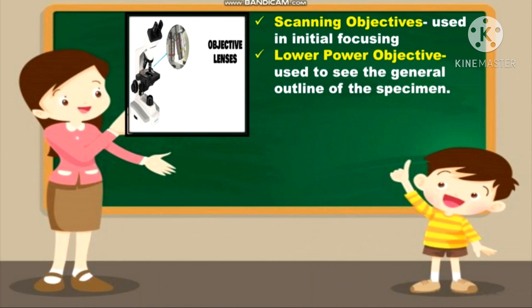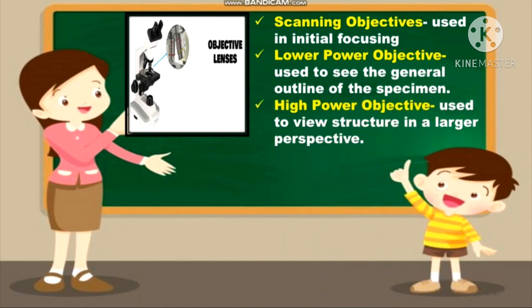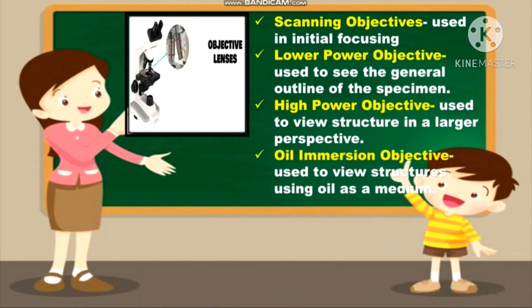It is used to see the general outline of the specimen. The third one, we have here the high power objective or the HPO. It is used to view structure in a larger perspective. And the last one is oil immersion objective or the OIO. It is used to view structures using oil as a medium.